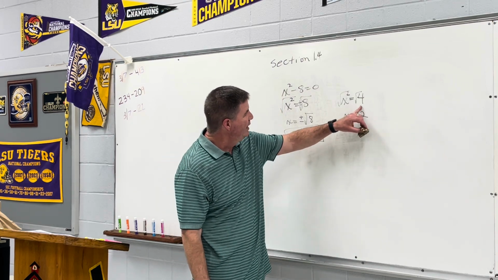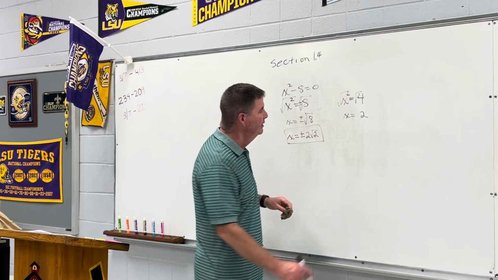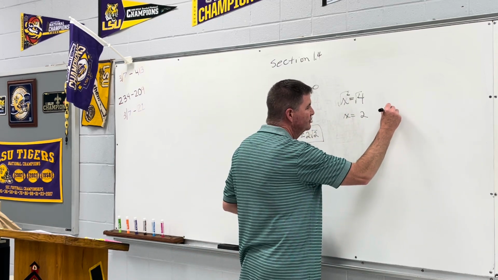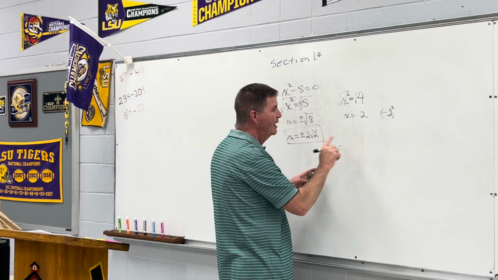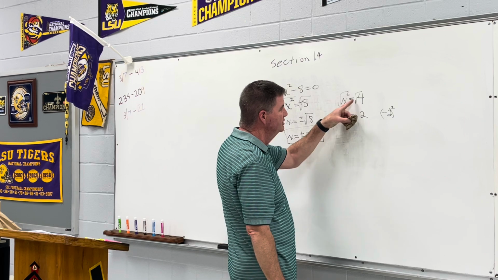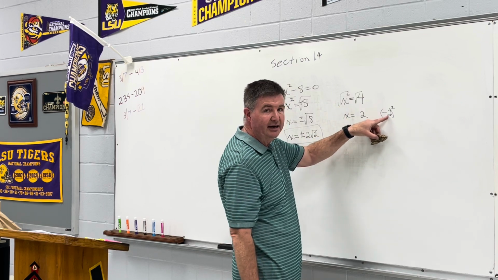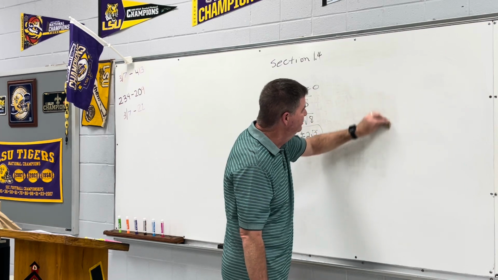Because 2 squared gives me 4. However, negative 2 squared also gives me 4. So that's why it's both the plus and the minus. Because 2 times 2 gives me 4, and negative 2 times negative 2 also gives me 4. So therefore, that's why we do the plus and minus.